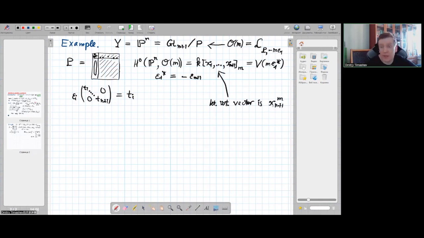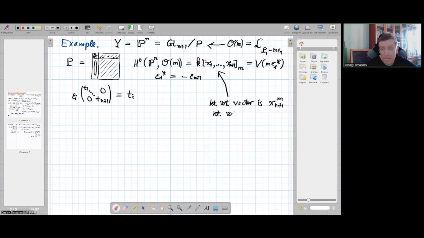So this function is preserved by the Borel subgroup, by upper triangular matrices, up to a multiple. So the line is preserved. This means that this is the highest weight vector, and its highest weight.